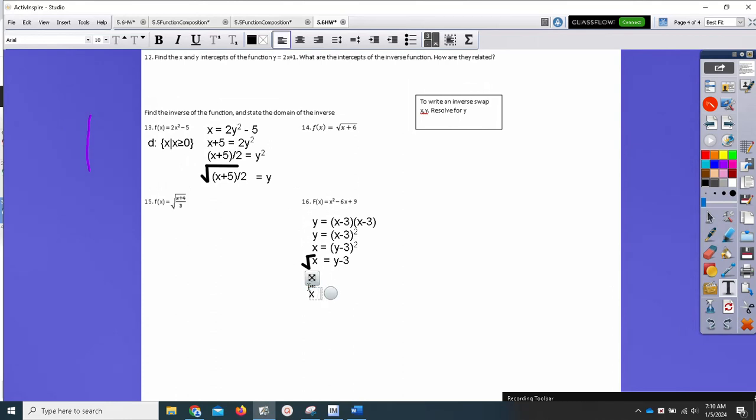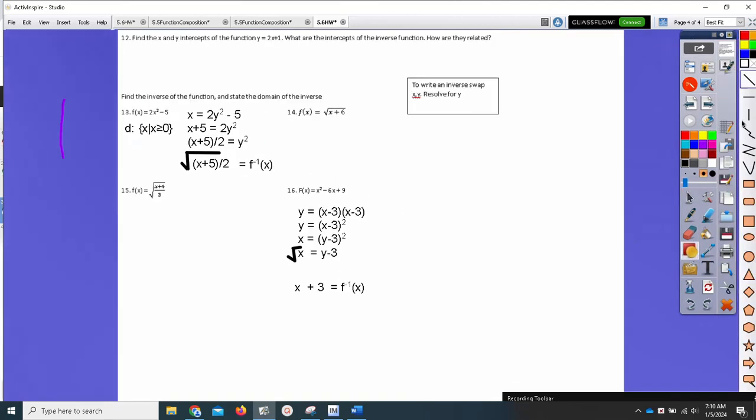So I get root x plus 3 is my inverse of f of x. By the way, I forgot to do that up here too. Now, that's what she looks like.